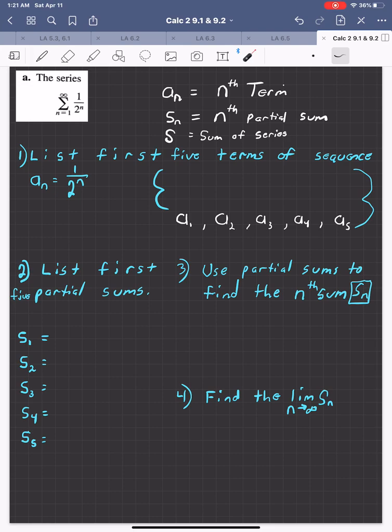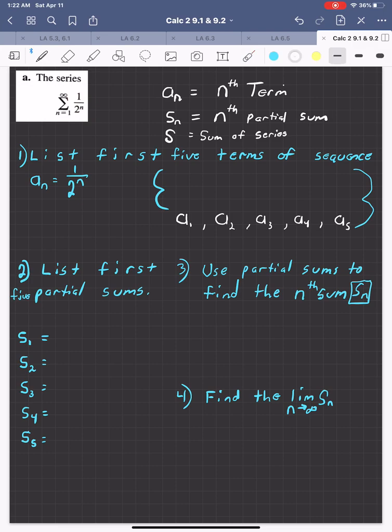So here we have a series, and notice the notation that we're using. In this case, it's an infinite sum from 1 all the way to infinity. And the nth term, the general term that we're using here, is 1 over 2^n.